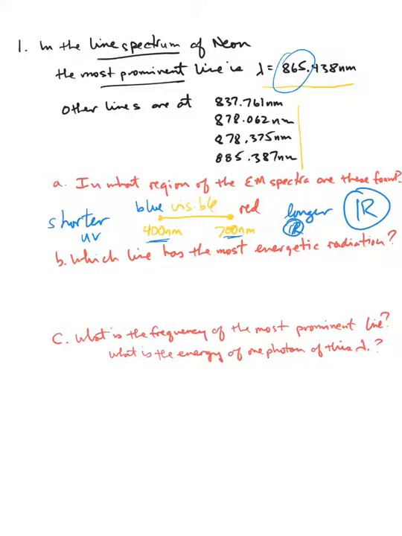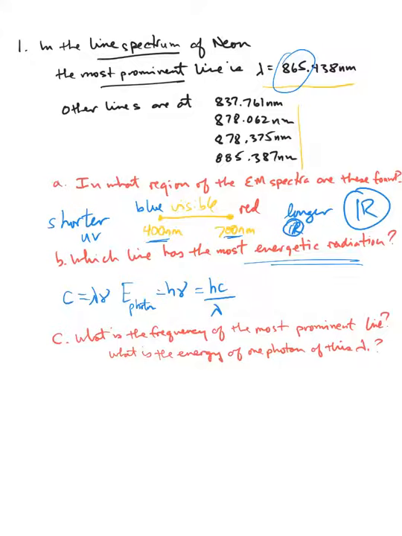Which of these lines has the most energetic radiation? Well, the way to remember this is this equation. The speed of light is the wavelength times the frequency. The energy of a photon is equal to a constant times the frequency, or it's two constants over the wavelength.